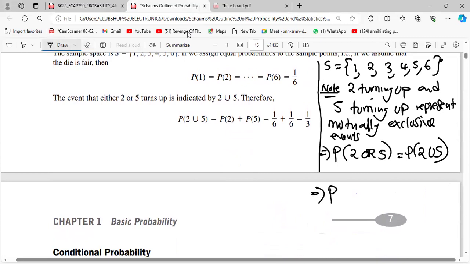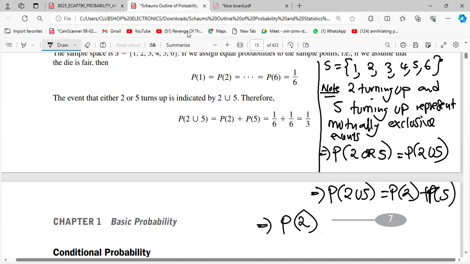What does it mean? The probability of 2 union 5 is equal to the probability of 2 plus the probability of 5. That's what we've done. So now, this implies that the probability of 2 union 5 is equal to, what is the probability of 2? The probability of 2 is 1 over 6 plus the probability of 5, 1 over 6.